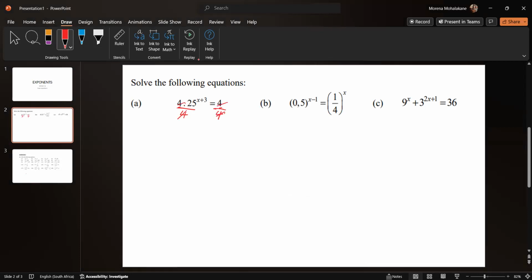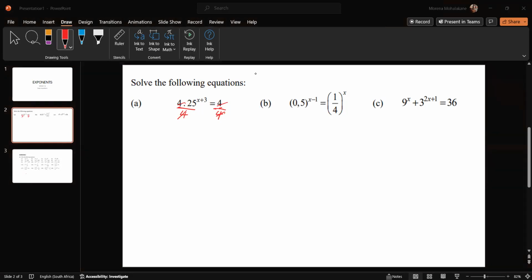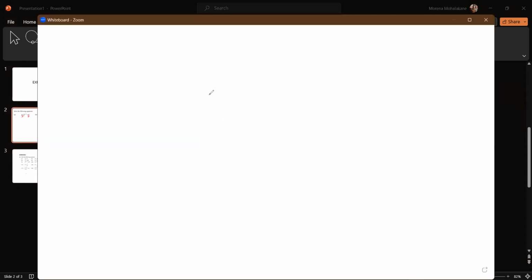And then there are also mistakes that you guys make. Like this one: maybe you're given 2x equal to 2, then you say 2 over 2 is equal to 0.